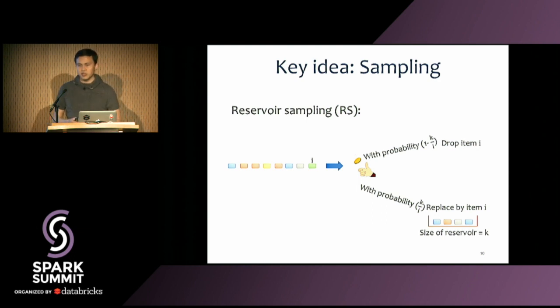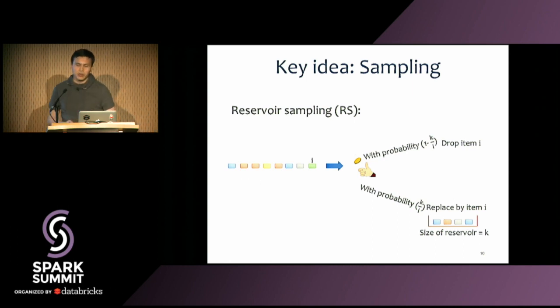For the data item with index i greater than k, it flips a coin with probability k divided by i to replace a data item in the reservoir with the arriving data item. In this way, it allows us to take k data items uniformly from the input data stream. There is a math proof behind it, but I will not present it. You can easily find it in many sources.